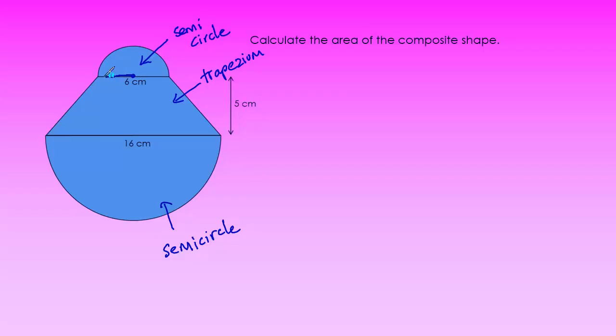We can see that the radius of this semicircle will be 3 centimeters. The radius of this one would be 8 centimeters.